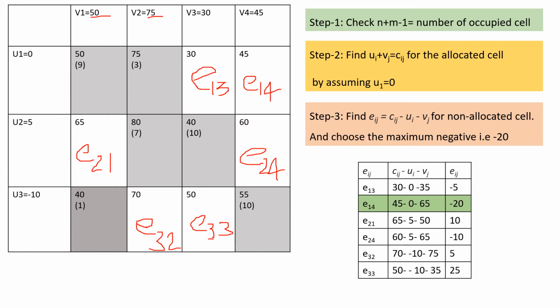Then we have to find these values by this equation, and the result becomes like this.